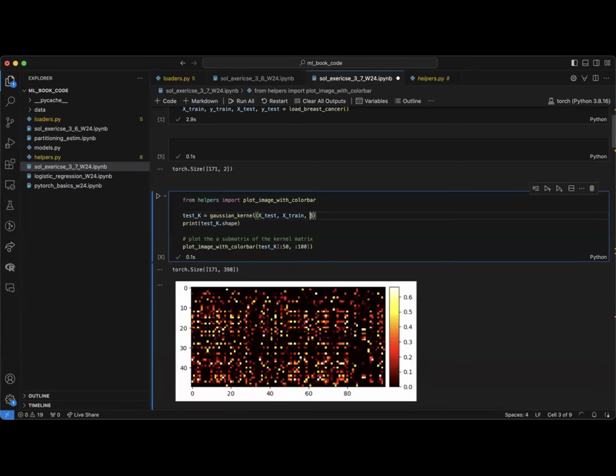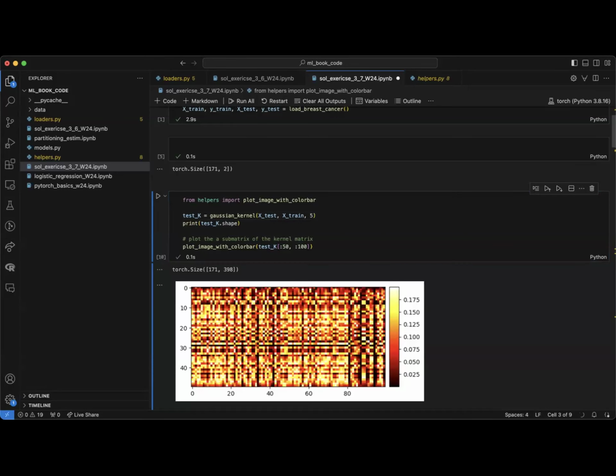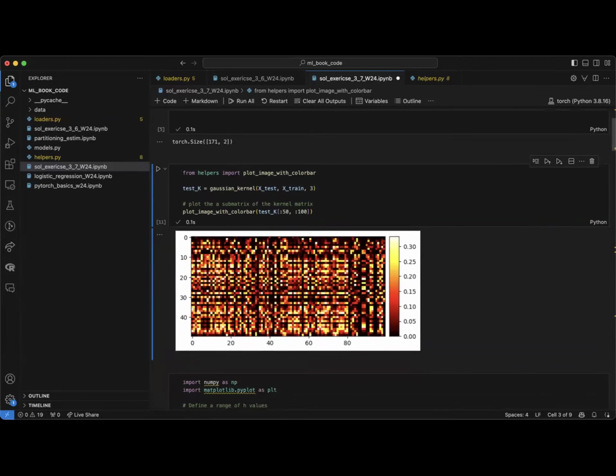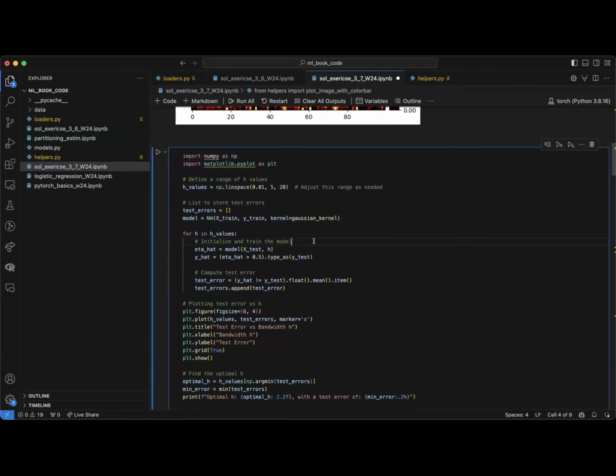Okay, 0. So very small, everything is close to 0. So there are very few things that are similar. If I make it large, you can see everything is basically similar. So this bandwidth measures how similar, and if you think about how the Gaussian kernel is working, that makes sense. Okay. So play with this, and then here's where we apply it.